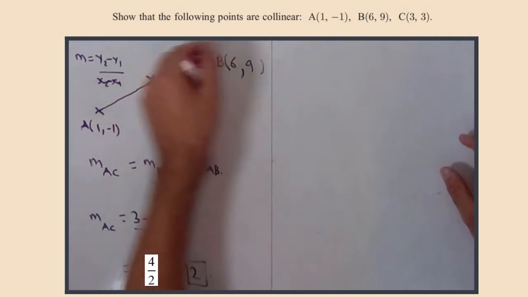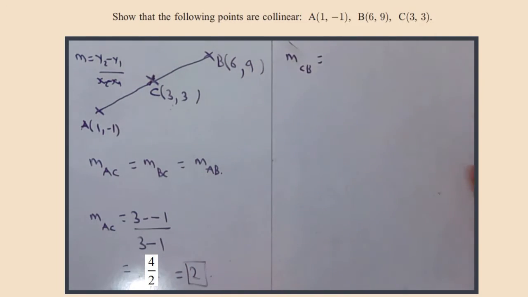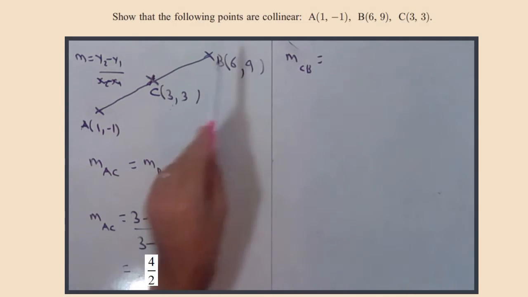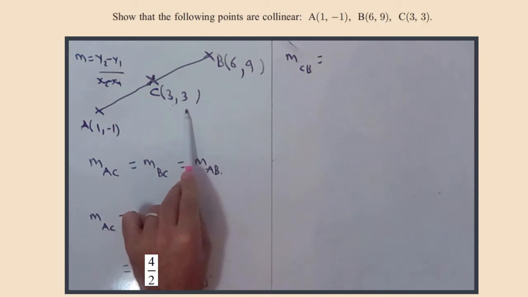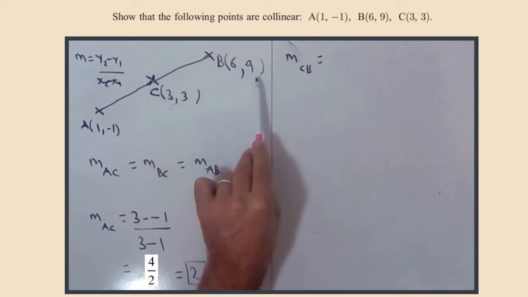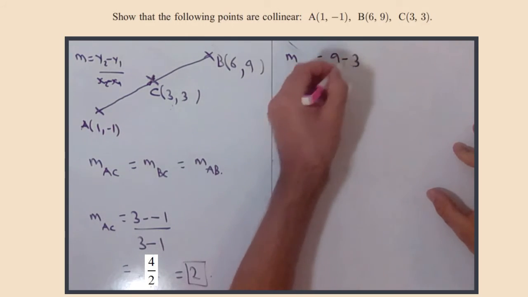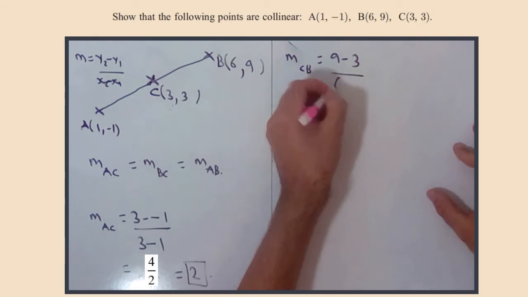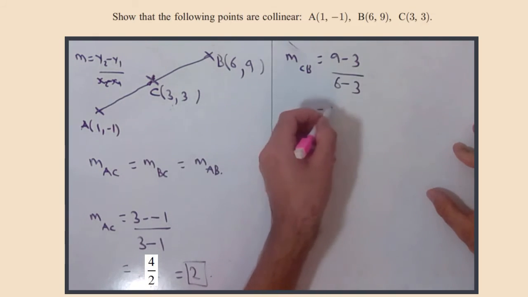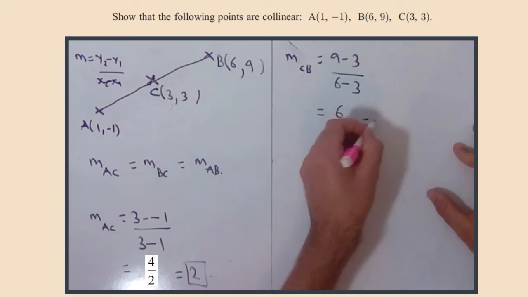So now I'm going to do CB. M of CB equals, I'm now going to call B x2, y2, and C x1, y1. So it equals y2, 9 minus y1, 3, over 6 minus 3. 9 minus 3 is 6, 6 minus 3 is 3, 6 over 3 is 2.